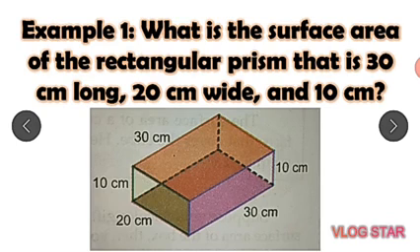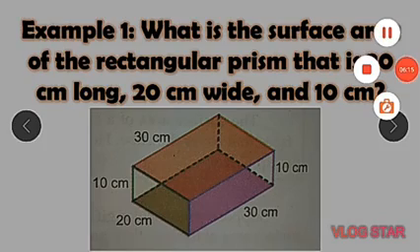Since the length, width, and height are given, it is very easy to compute as long as you know how to identify the different parts of a rectangular prism. So let's solve this one.